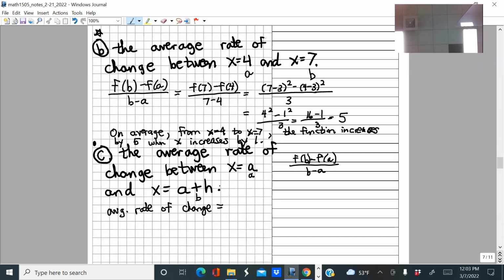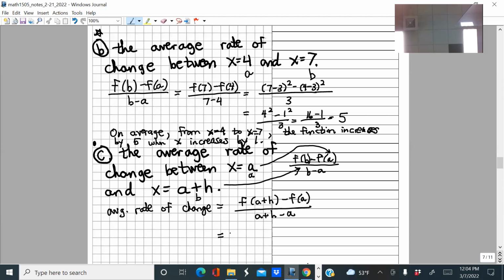For B, you'll plug in A plus H, and for A, you will plug in A. So what's that going to look like? It's going to look like f of A plus H minus f of A over A plus H minus A.